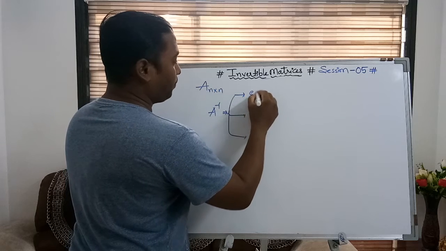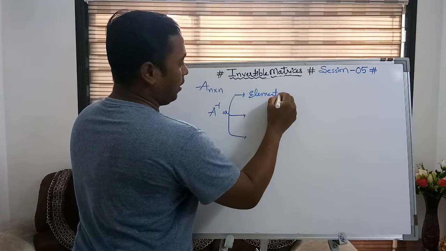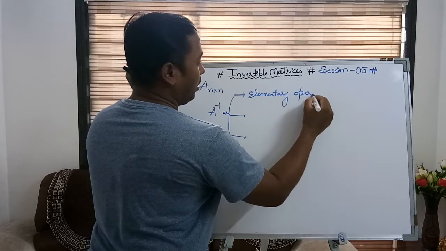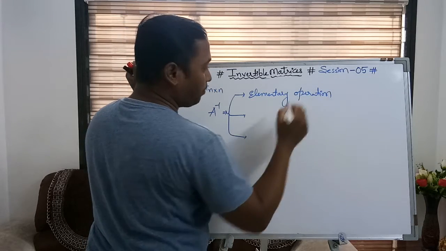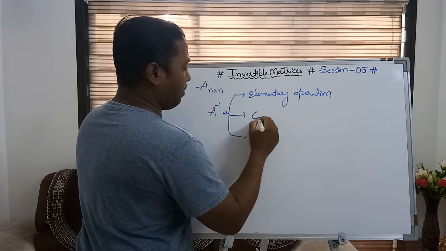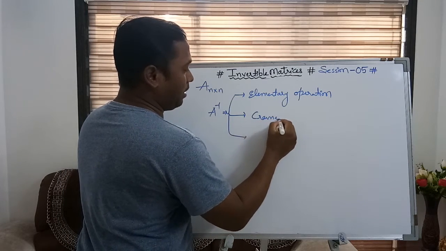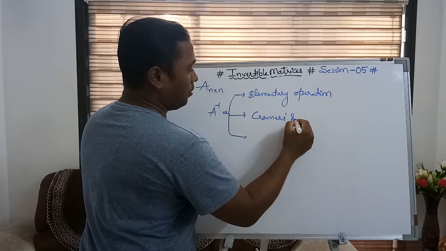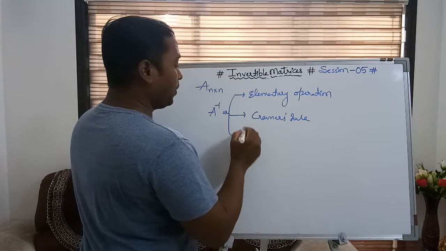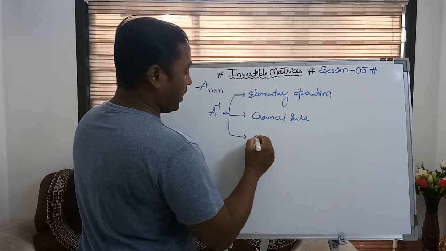One is elementary operation or transformation. Second is Cramer's rule, or the determinant method. Cramer's rule is named after the mathematician. And then third is the adjoint method.